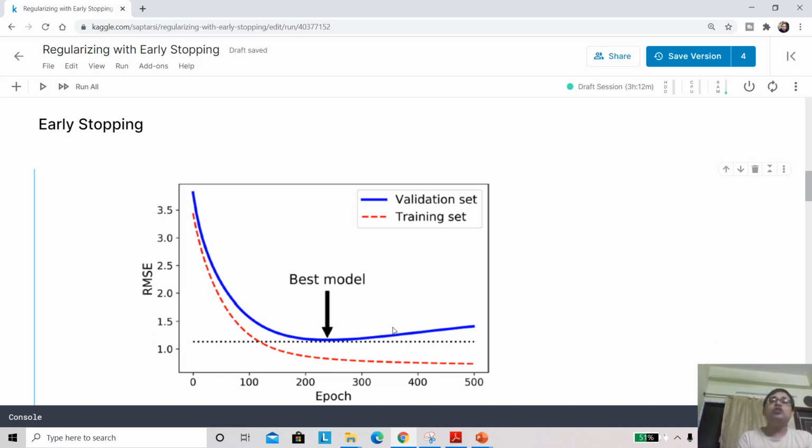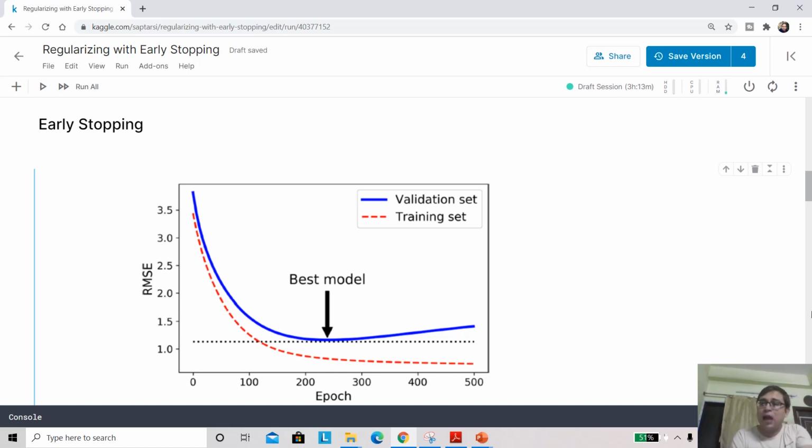Early stopping means that you do not go through all the epochs that were specified, but stop when there is no improvement on the validation set. This gives you two advantages. One is that you have less training time, as you stop at a much earlier epoch. Secondly, it is a regularized model, so it is not overfit.